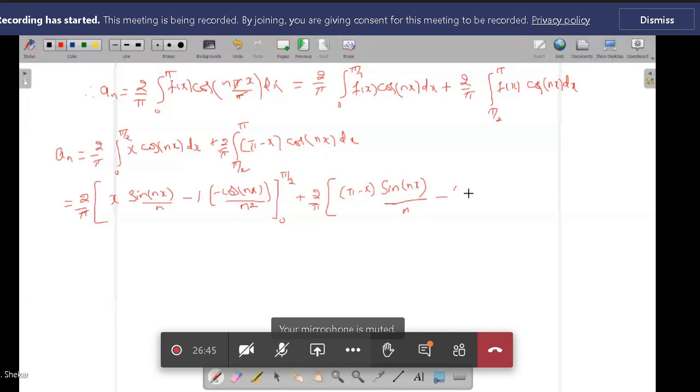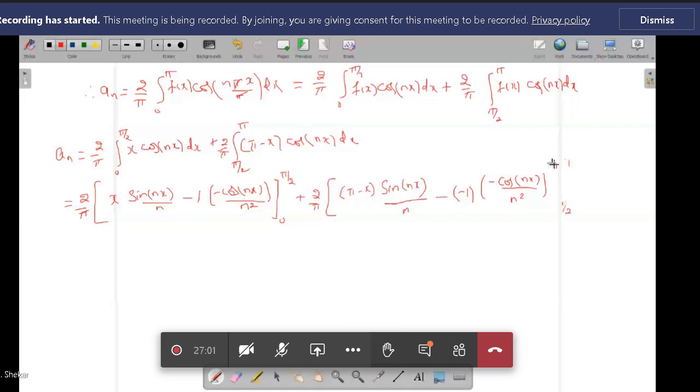So derivative of pi is 0 and derivative of minus x is minus 1, into integration of sin is minus cos nx divided by n square, limits from pi by 2 to pi.